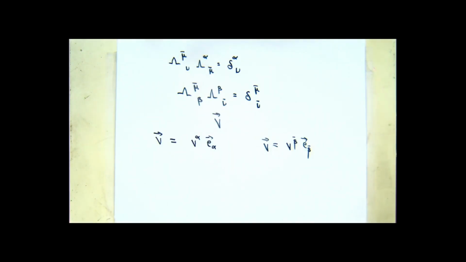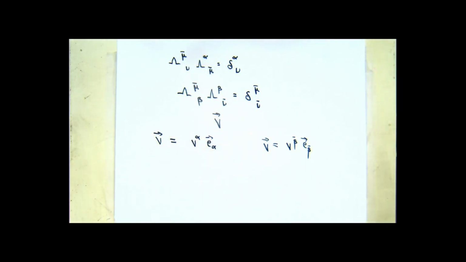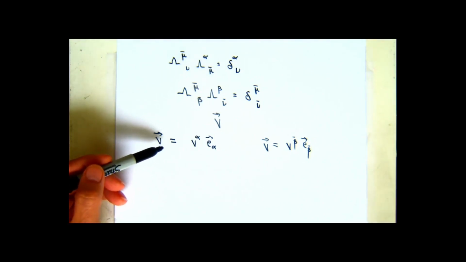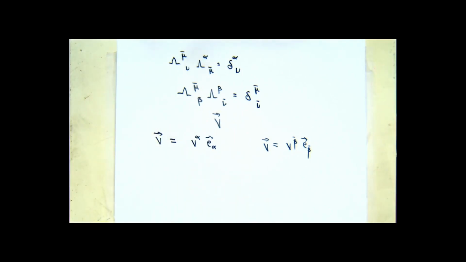Imagine that I have a vector v, an arrow of space-time. I could write its components using the unbarred coordinates and use the basis vectors from the unbarred coordinates and write v equals v alpha e alpha, where of course the alpha is an index of summation. Or I could use the coordinates of the barred system and the basis vectors that go with the barred system.